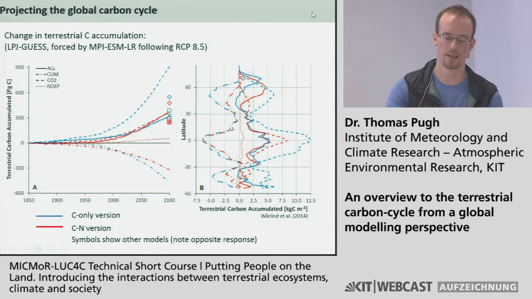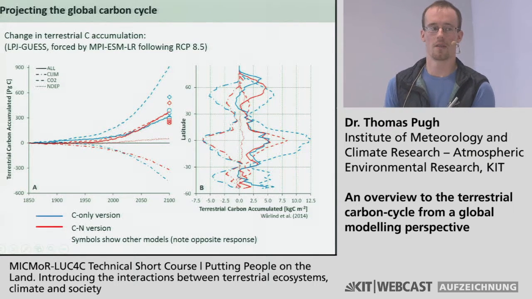This plot on the right shows the latitudinal breakdown of these different fluxes, and I only want to highlight here that we have much more uptake in the tropics, and the CO2 fertilization effect is much larger in the tropics.